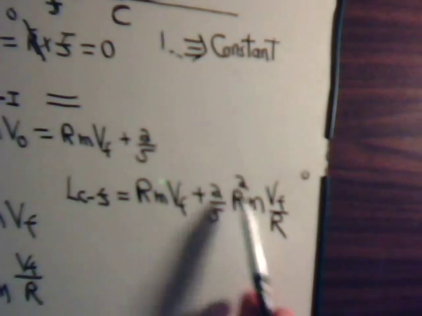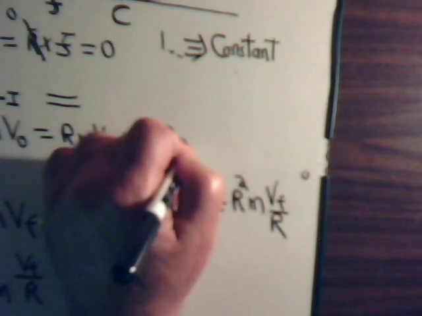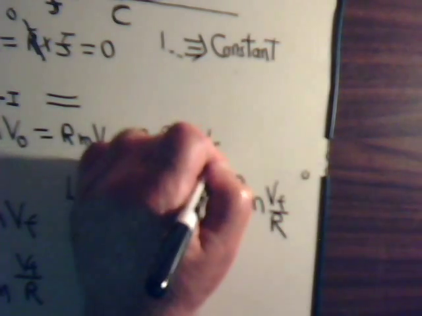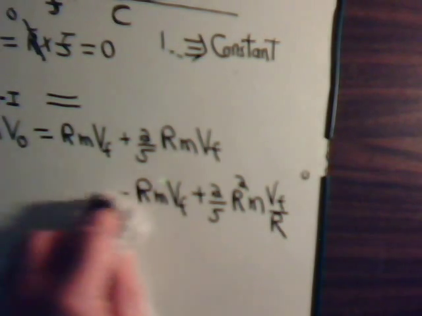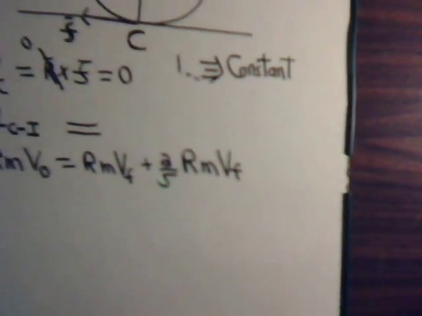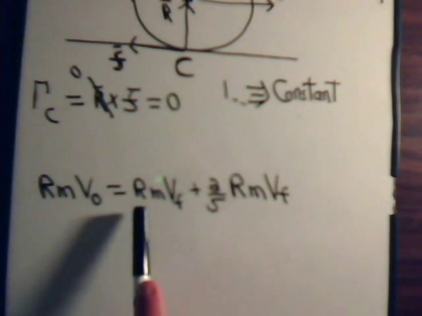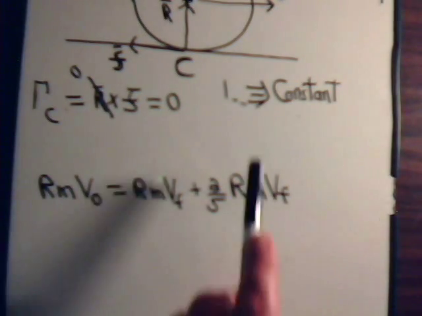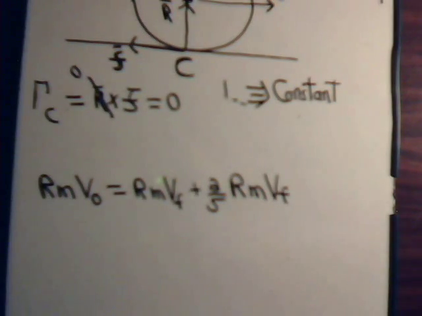We have r squared divided by r, so that's just going to be Rm V final. Let's see what we have. This comes about because the initial angular momentum equals the final angular momentum, because the angular momentum about point C is always a constant. It's conserved.